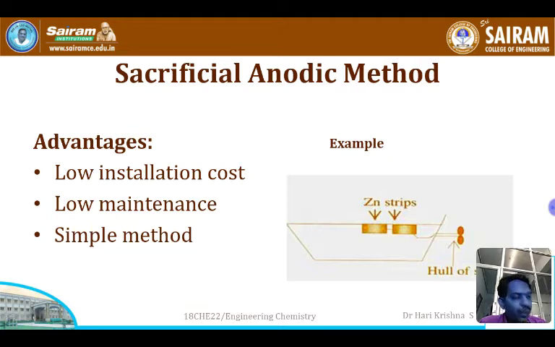Since the anode undergoes corrosion, protecting the specimen, it is called the sacrificial anodic method. This method is usually used to protect ships from corrosion, oil pipelines, etc.